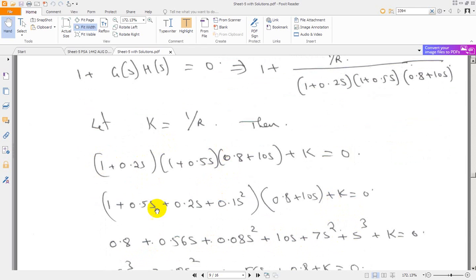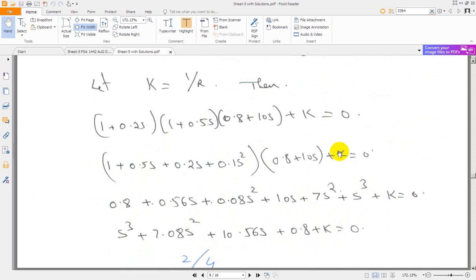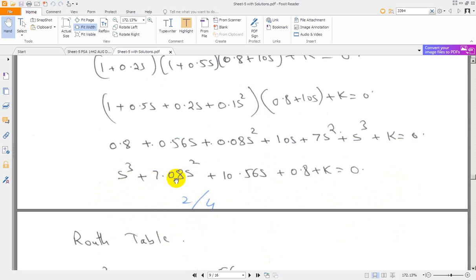If you simplify this, multiply it out, you get 0.8 plus 0.56s plus 0.08s square plus 10s plus 7s square plus s cube plus k. Written in the order of s, s cube plus 7.08 s square plus 10.56 s plus 0.8 plus k is equal to 0. This is the final expression.